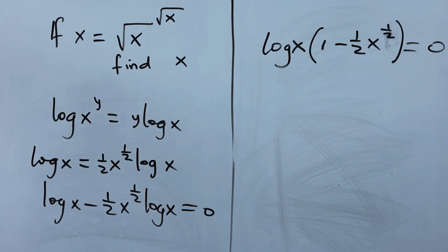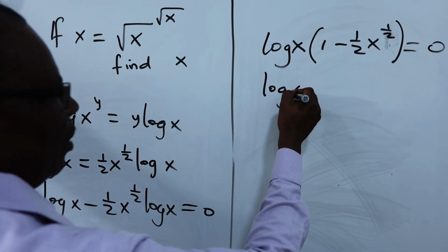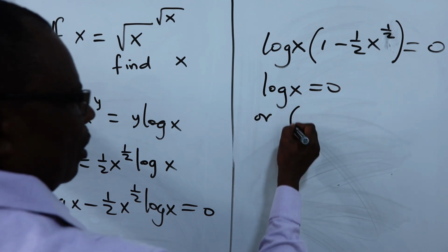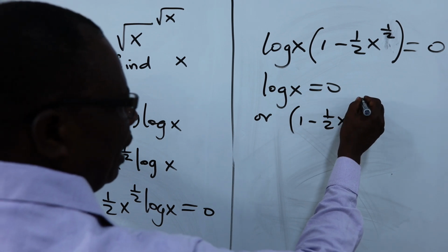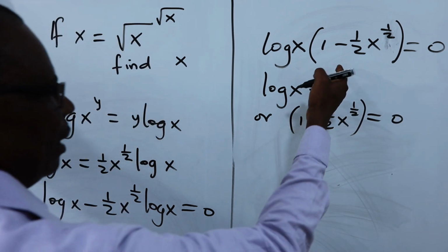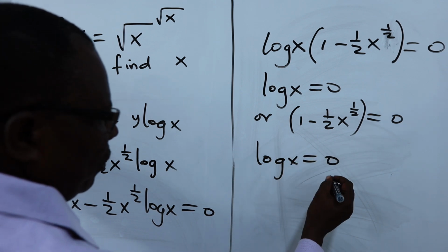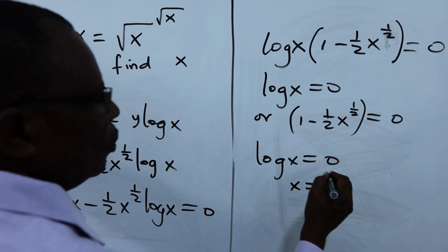So we have two situations, that one, log x is equal to 0, or 1 minus half of x raised to power half is equal to 0. In the first case, log x equal to 0 means that x is equal to 1.